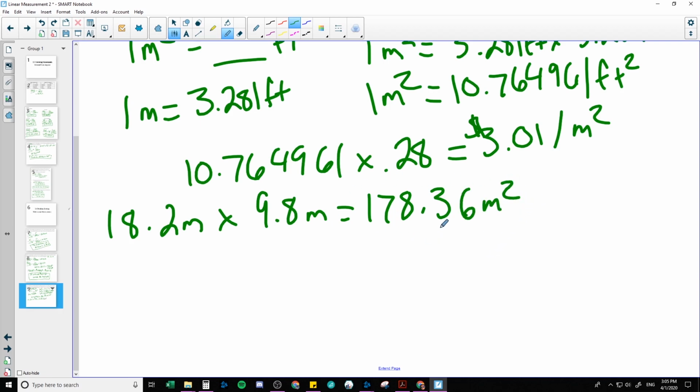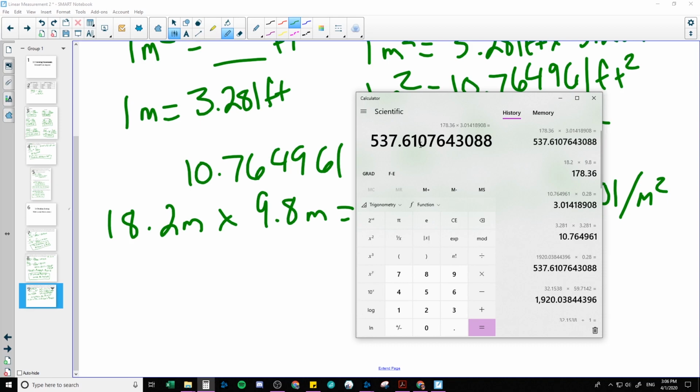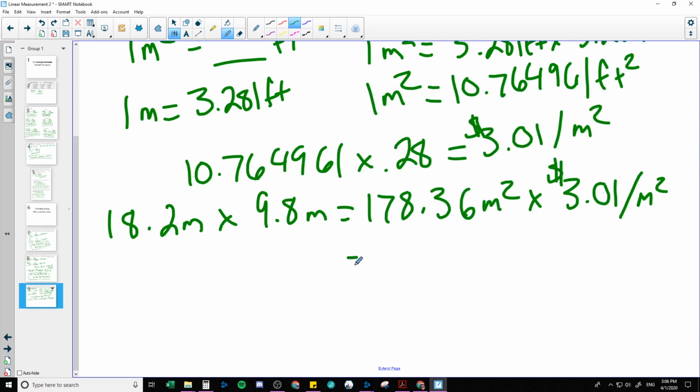So this is the area in meters squared of the backyard. And now we need to multiply these two together. And I'm going to use the full number here because I can. Okay, this times my answer here, and we get $537.61.